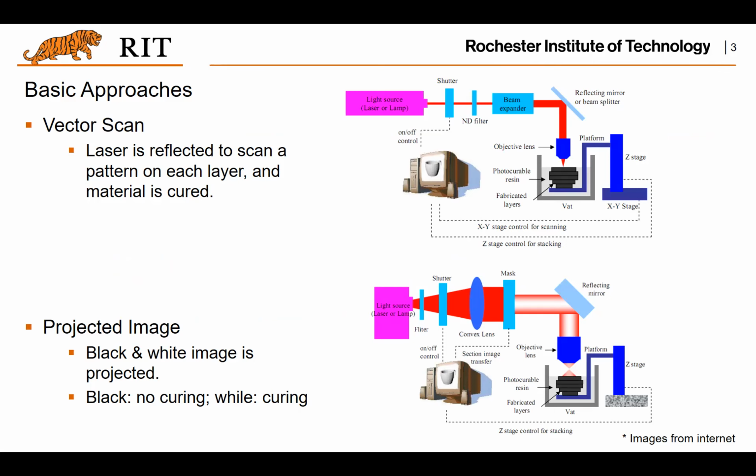Or it could be an entire black-white image projected to cure the layer. The black region means no curing, and the white region means the material needs to be cured. So let's look at both of these two types of process.